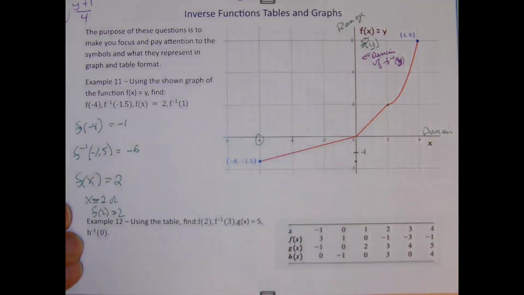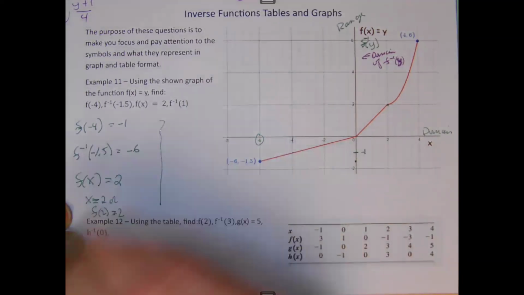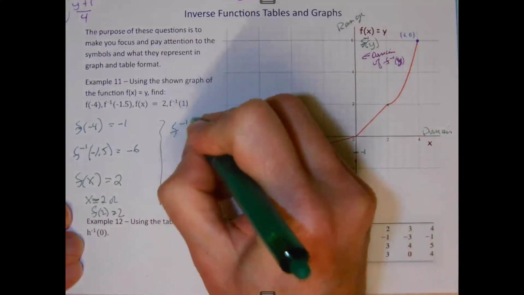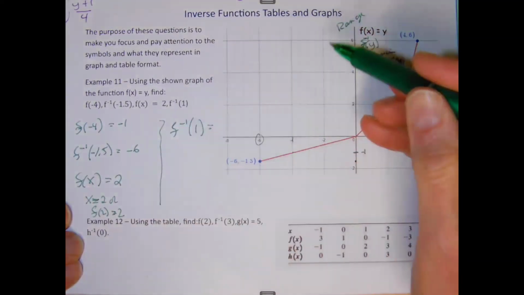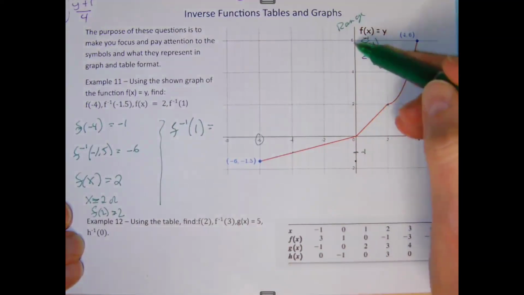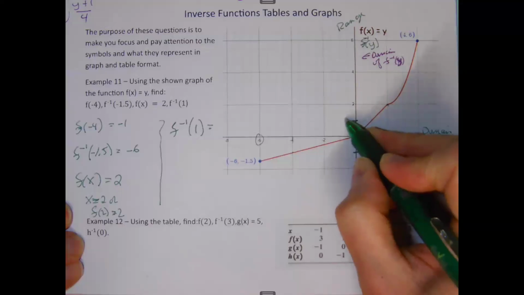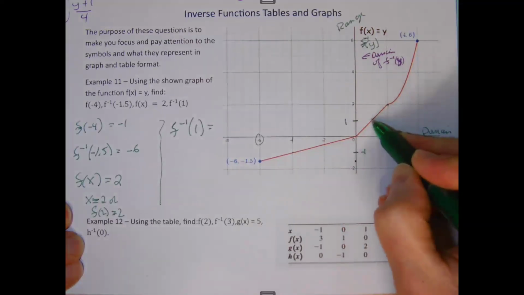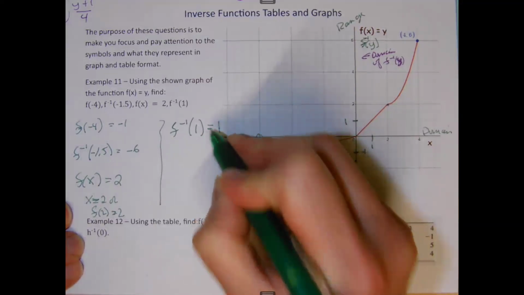There we go. And one more, just to make sure we're paying attention. f inverse of 1. What is it? Again, I'm doing the inverse, so now I'm sitting here in the y. Find 1. 1 is here. Now hit the graph and go down. It looks like it's 1 again. So f inverse of 1 is 1.